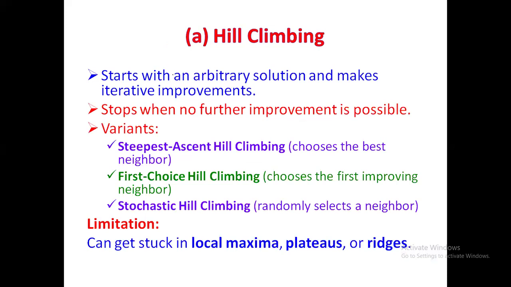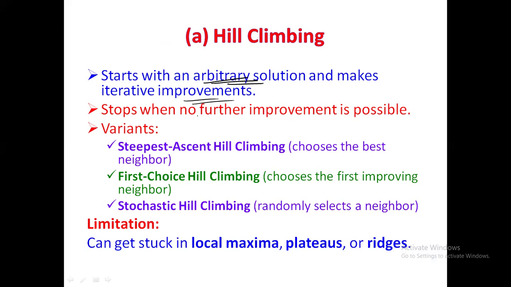Hill climbing is an optimization algorithm that starts with an arbitrary solution and makes iterative improvement to find a better solution. The process begins with an initial state, and the algorithm continuously evaluates neighboring states to determine if they offer an improved solution or not.